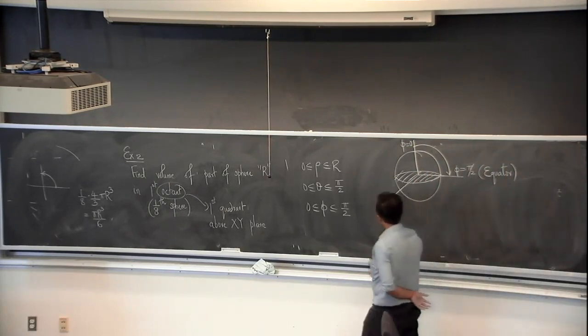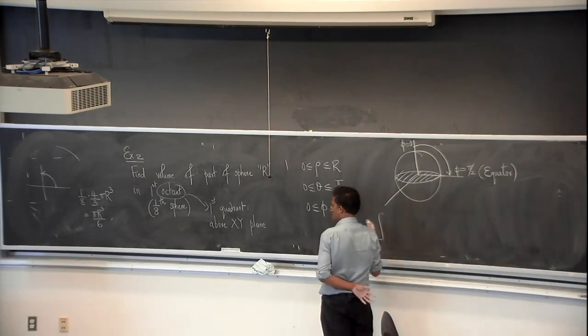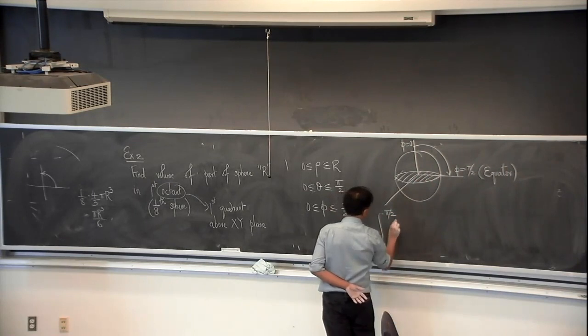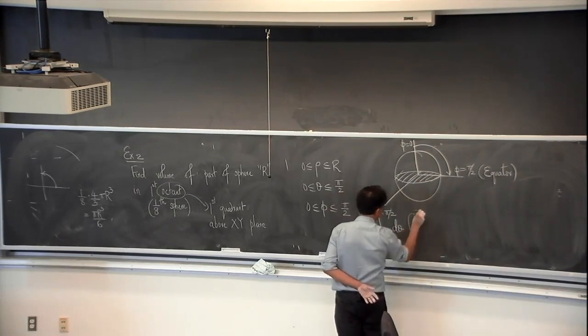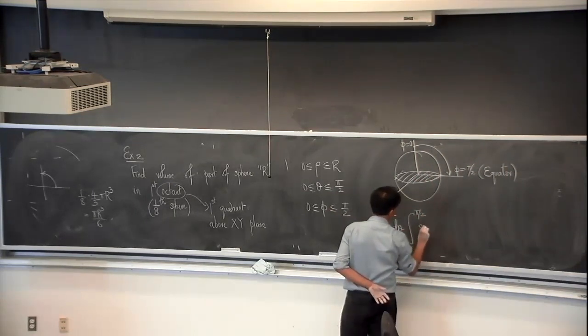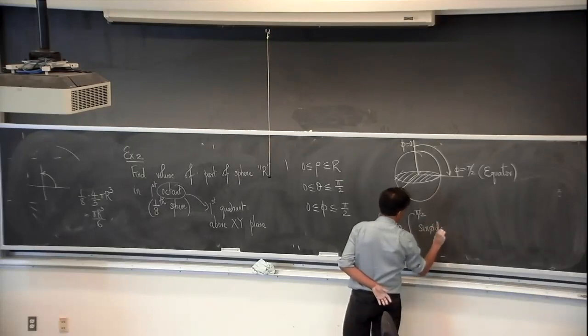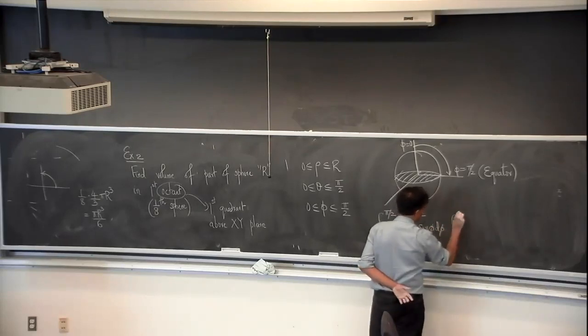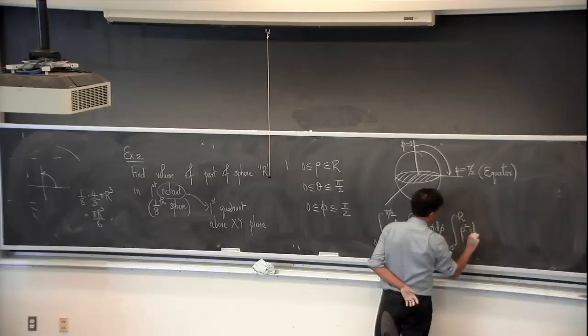All right, so now we can find the integrals, which are pretty easy. 0 to pi over 2 with theta, 0 to pi over 2 sine of phi d phi, and 0 to r rho squared d rho.